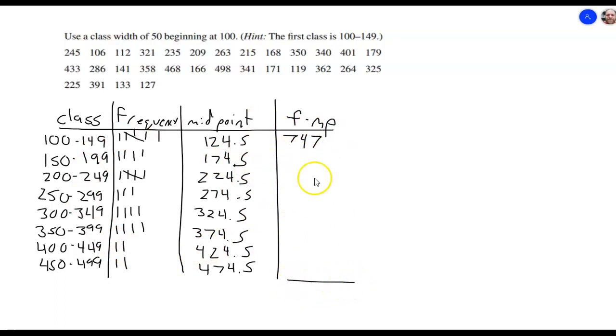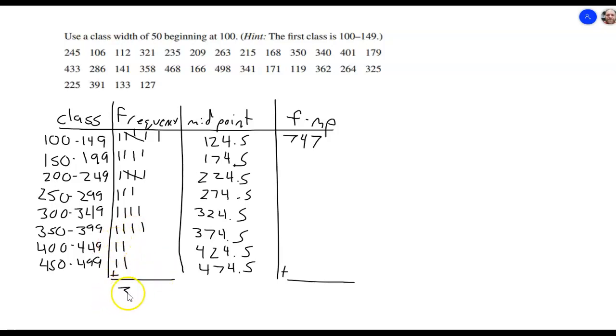Then you're going to add them all up. So you're going to find the sum of all of these values from this column here. And then finally, you're going to divide by the sum of all of the frequencies. I'll go ahead and calculate that. 6 plus 4 is 10, 15, 18, plus 8, 26, 30.